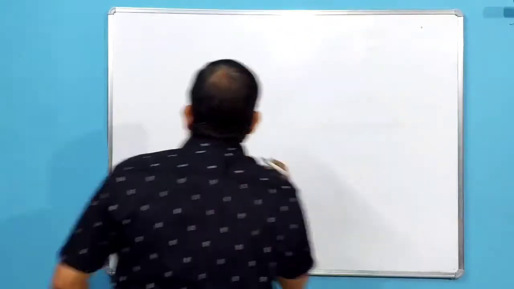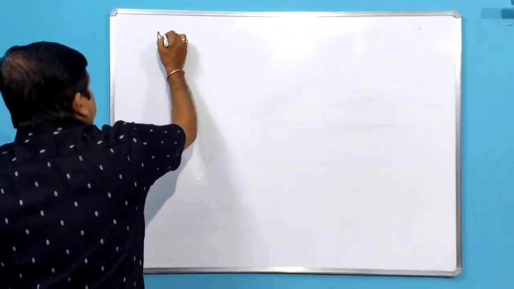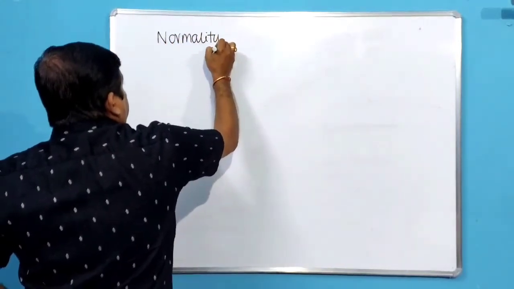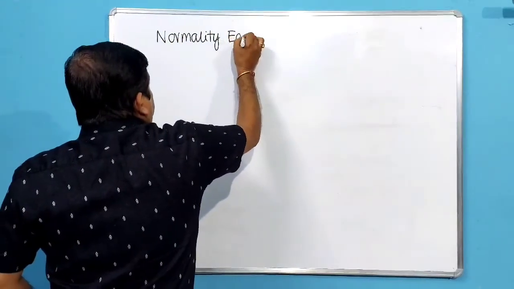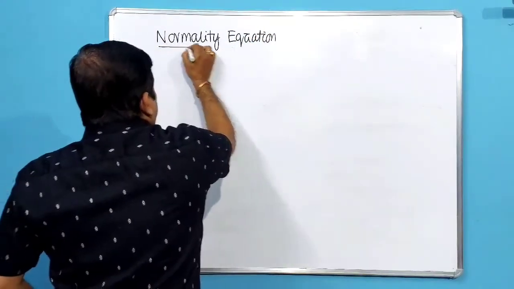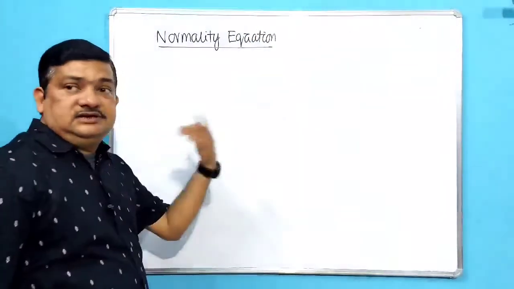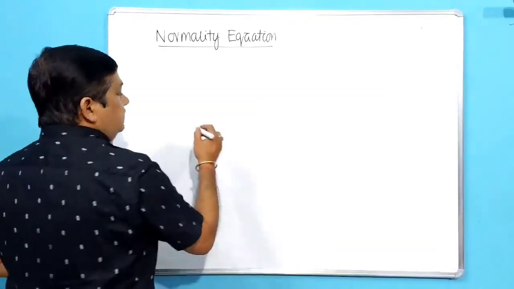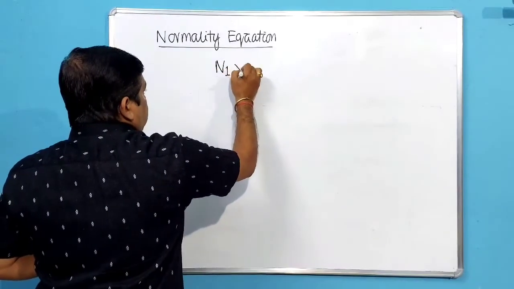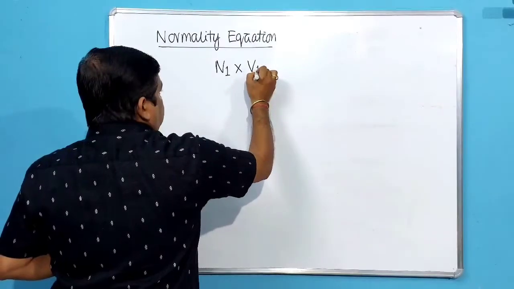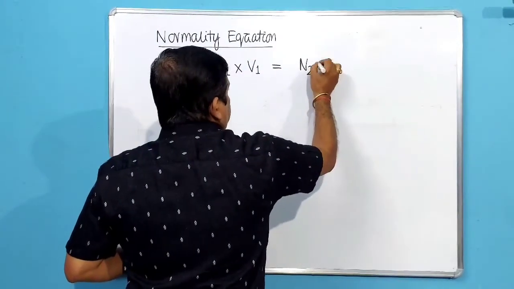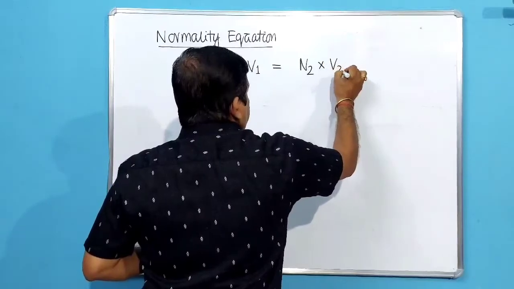So first I will write down the normality equation. These things are required for your practicals. You have to be very sure regarding these equations. So N1 into V1 will be equal to N2 into V2.